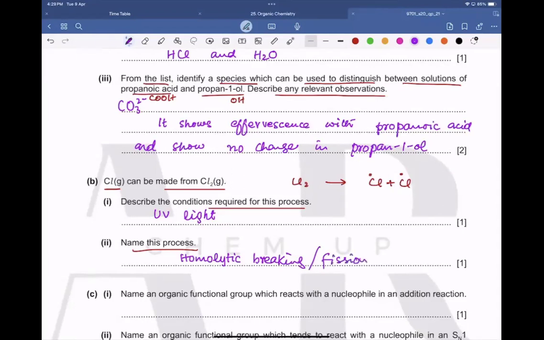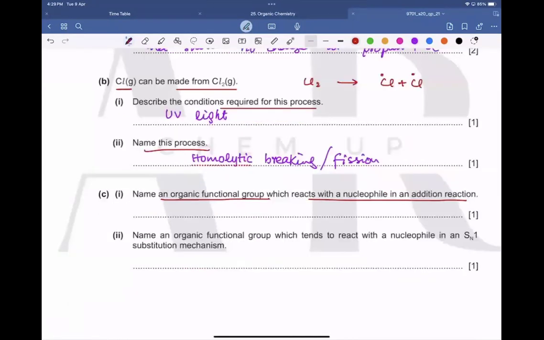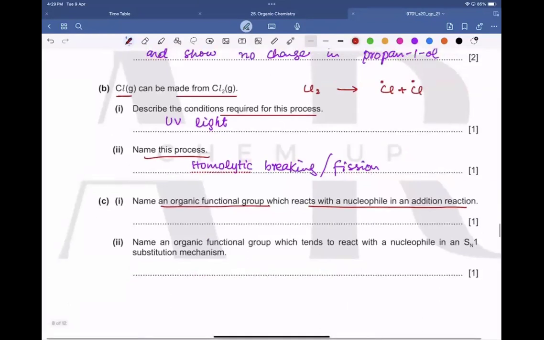Next, name an organic functional group which reacts with the nucleophile in an addition reaction. Yes, can anyone tell me the name? Name an organic functional group which reacts with the nucleophile in an addition reaction.